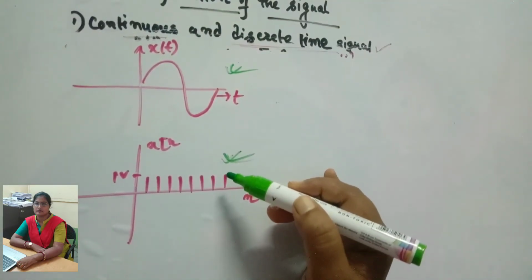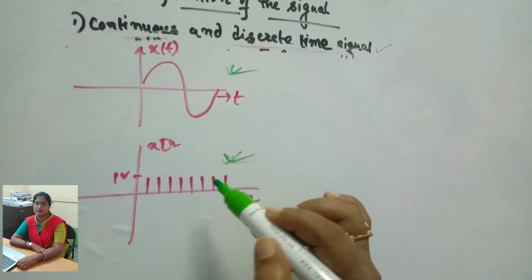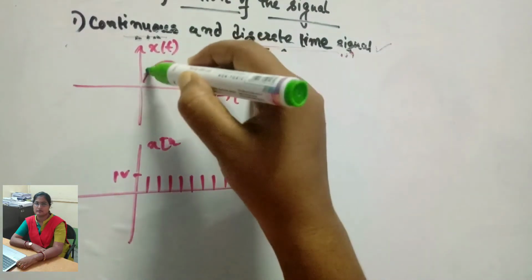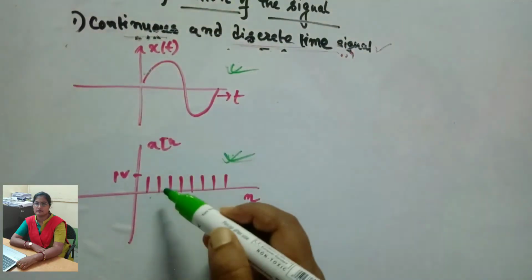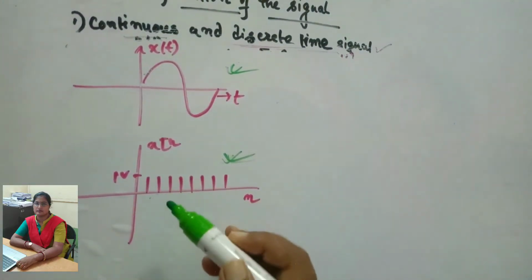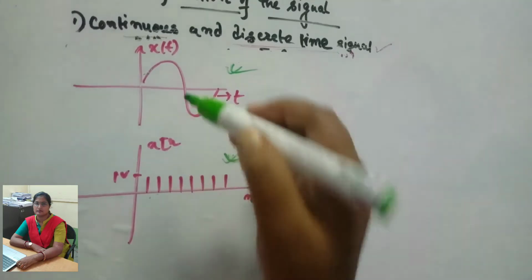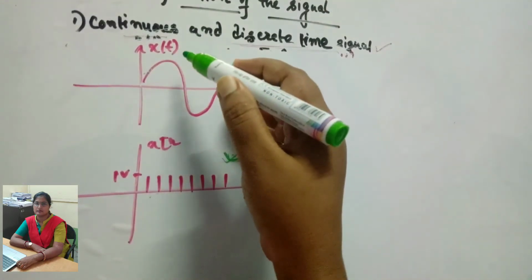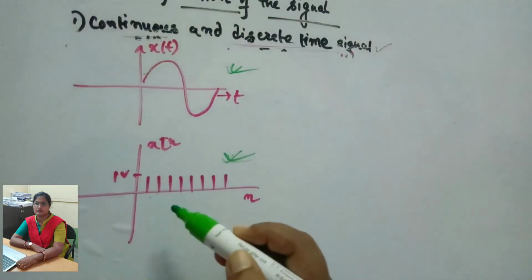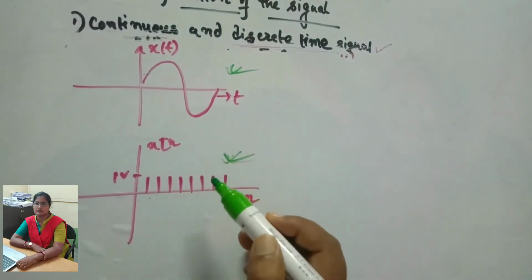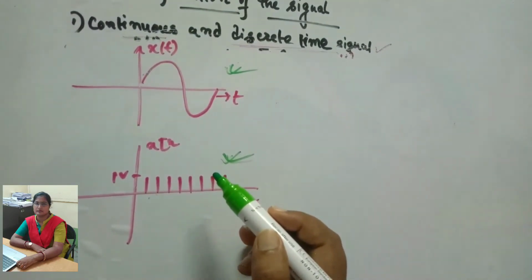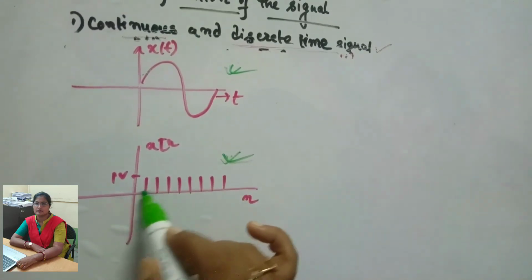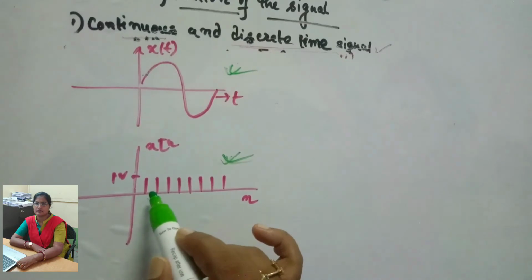This value is multiplied with this, and similarly this value is multiplied with this. It means whenever x(t) is multiplied with a 1 volt amplitude pulse train, at every occurrence of the pulse the signal value will appear, and whatever the value of x(t) in between two pulses becomes 0.